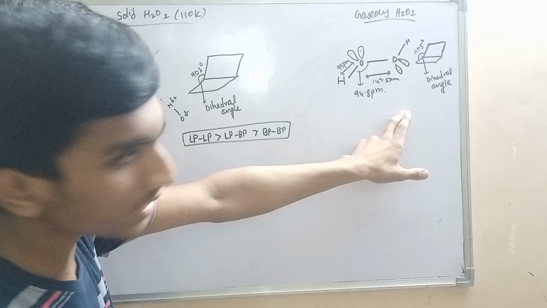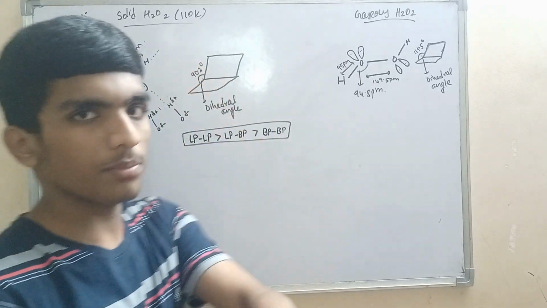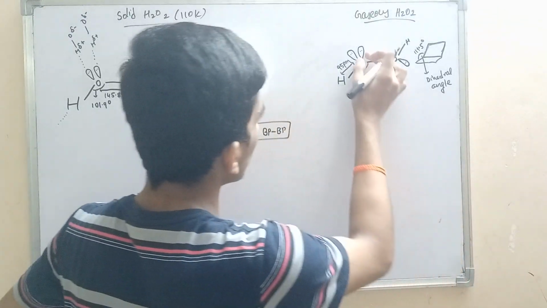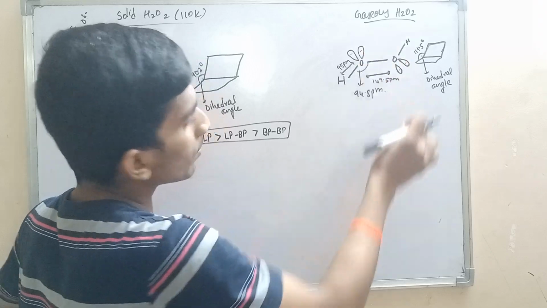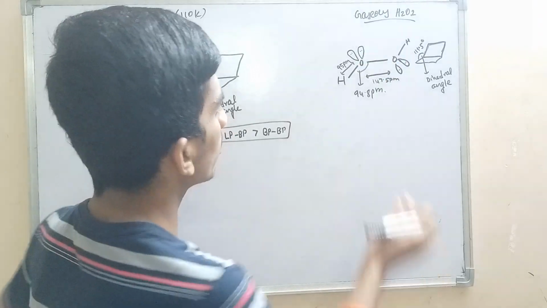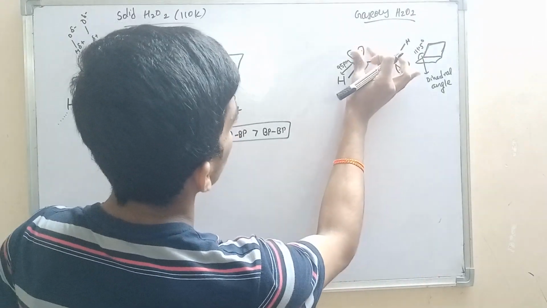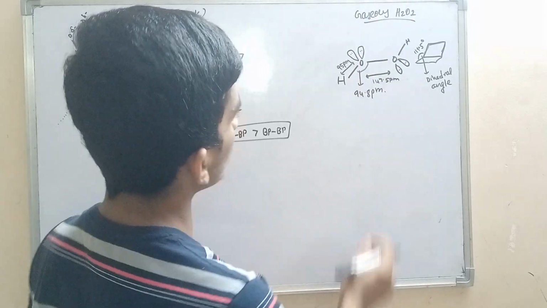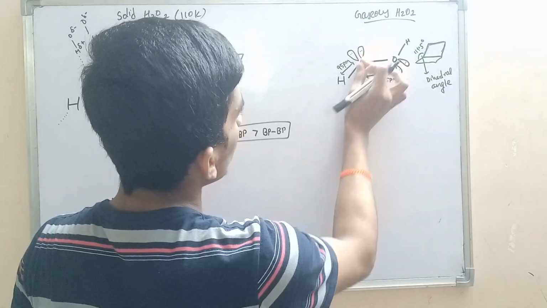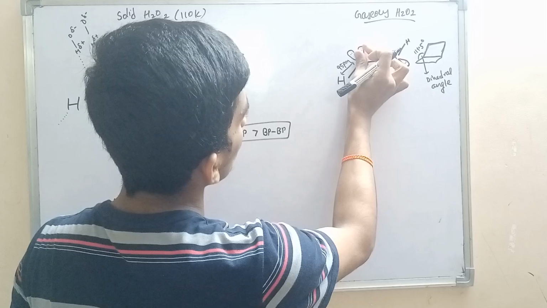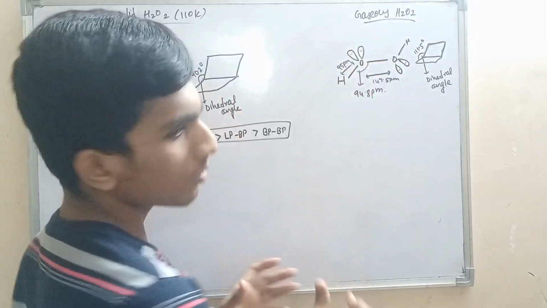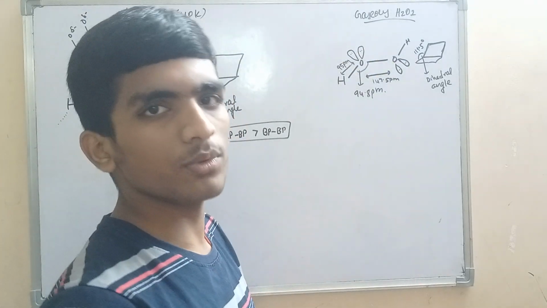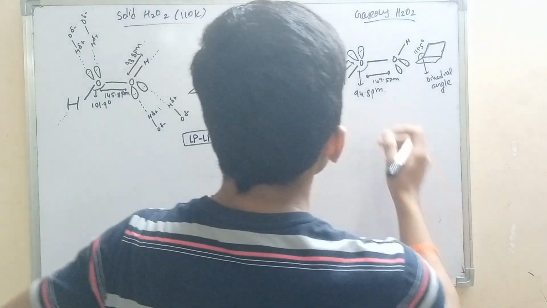First we will talk about gaseous H2O2, then come to solid for better clarity and understanding. Here lone pair repulsions will be there, because the lone pairs are beside each other, they will repel. During the repulsion, the lone pairs move farther from each other to attain a stable position. Yes? Fine.